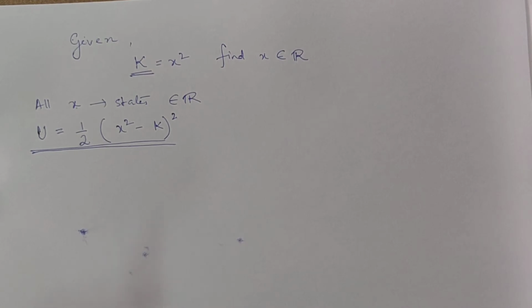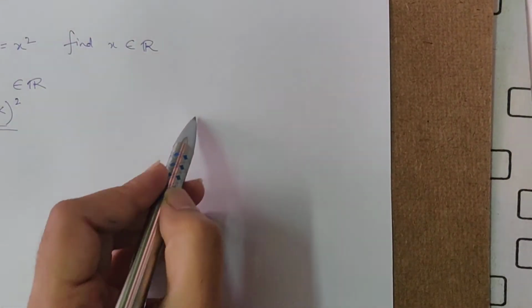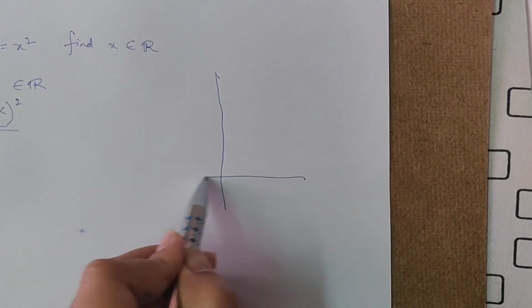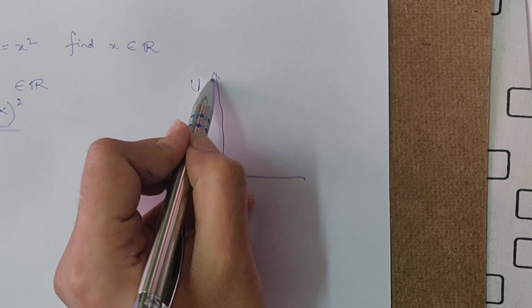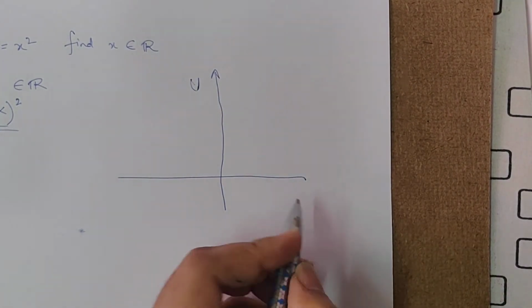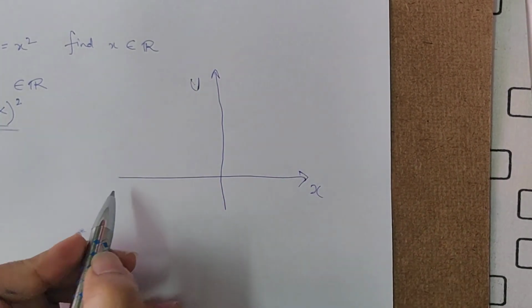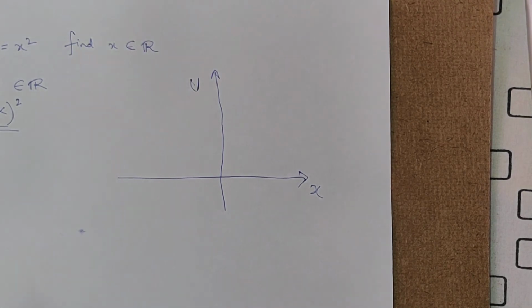So how does my state space look like? Let me plot the state space. This is my objective function. This is my x, right?